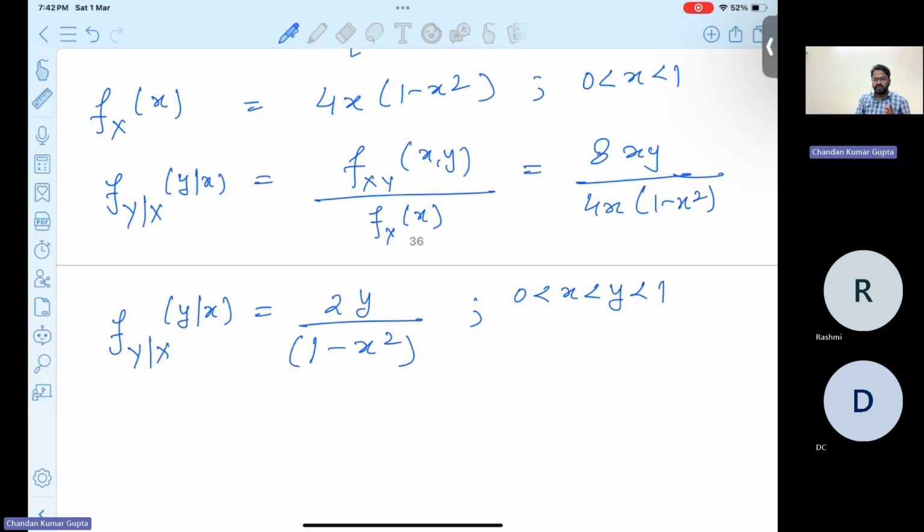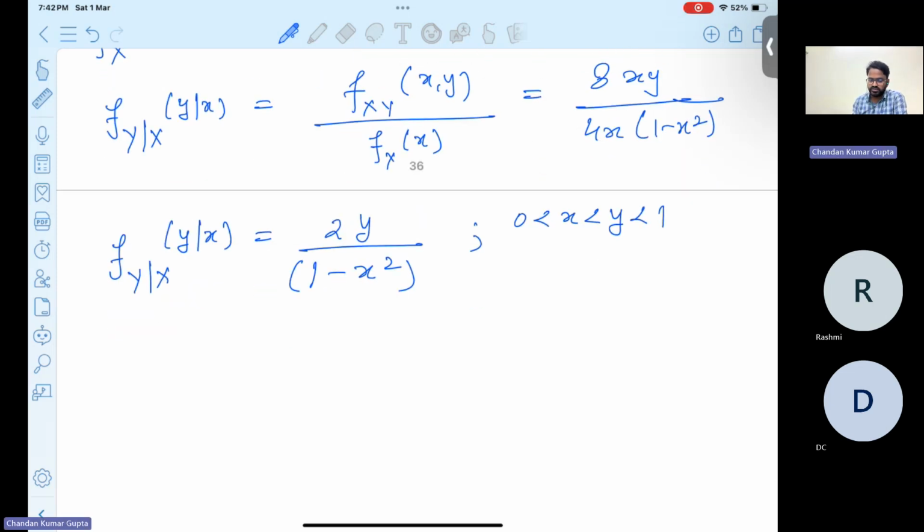For any particular value of x we have a PDF of y given x, since x and y both lie within 0 to 1. So this is the conditional distribution of y given x.